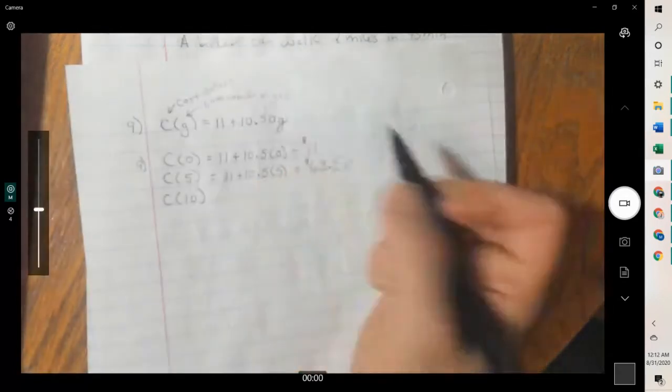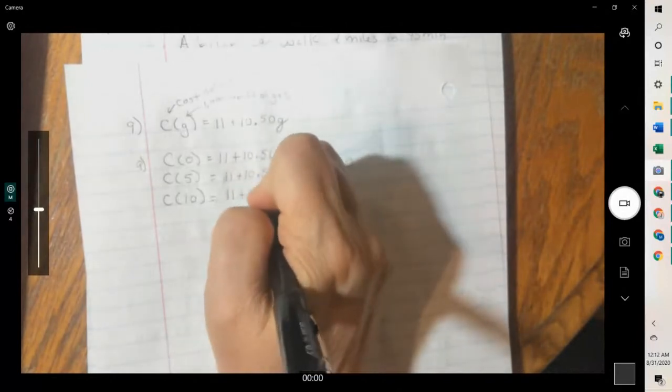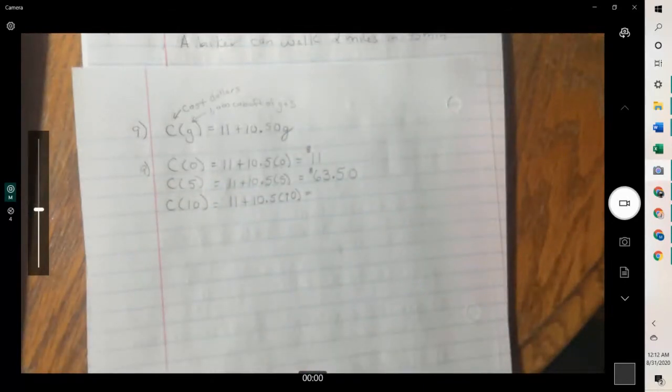So $63.50 for 5,000 cubic feet of gas. The next one would be 10,000 cubic feet of gas. And we get $116.